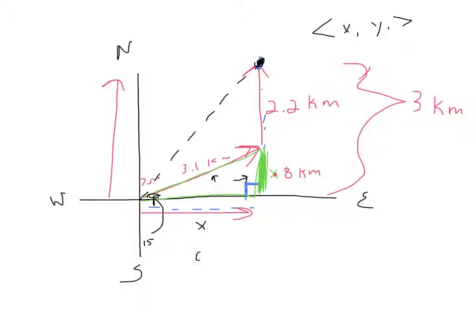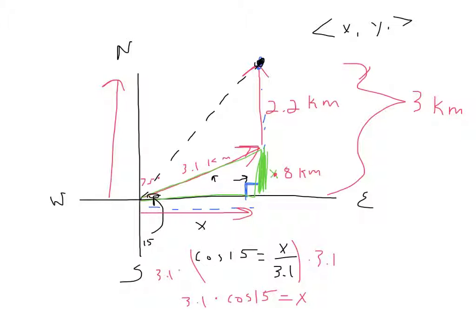That's cosine. So I find the cosine of 15 is equal to, sorry, x over 3.1. Again, I have the adjacent over that hypotenuse. From here, I take the exact same step, and I multiply by 3.1, and I get 3.1 times cosine of 15 is equal to x.